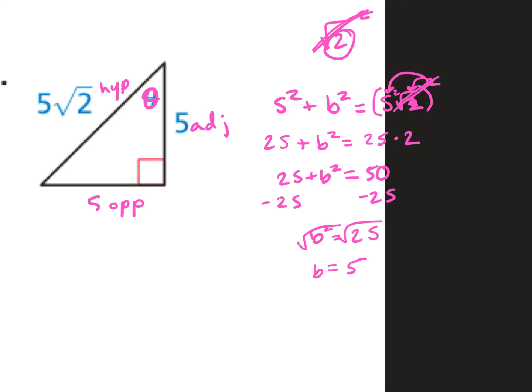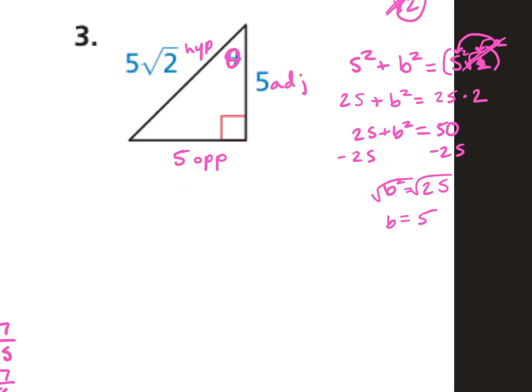So our opposite is 5. So now we need to find our 6 trig functions: sine theta, cosine theta, tangent theta, cosecant theta, secant theta, and cotangent theta.